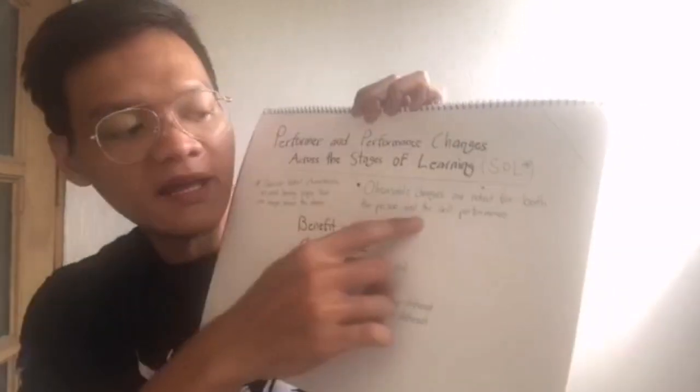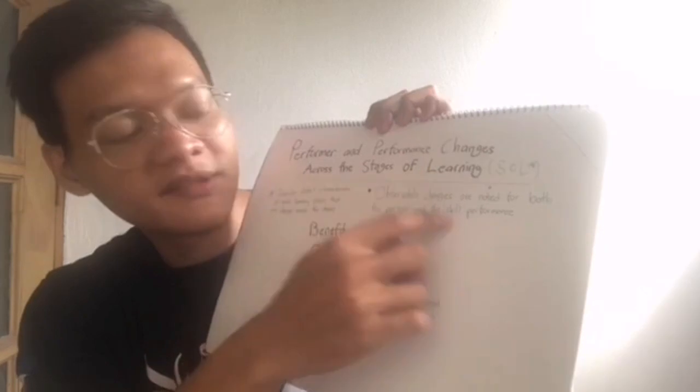For the second point, there are observable changes in both the person and the skill performance. So what is the benefit of these characteristics? We will go one by one.